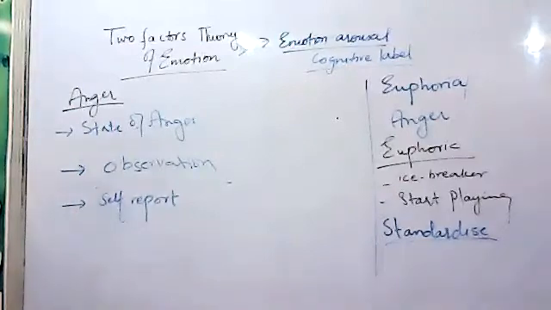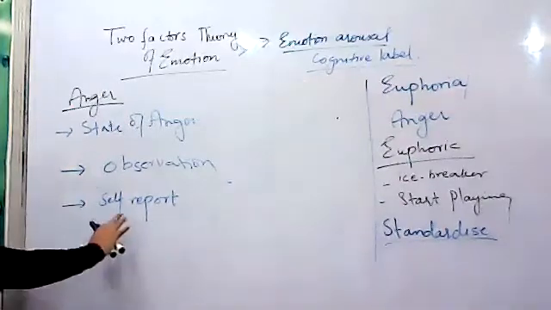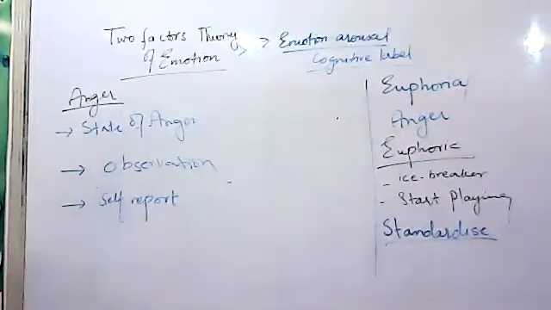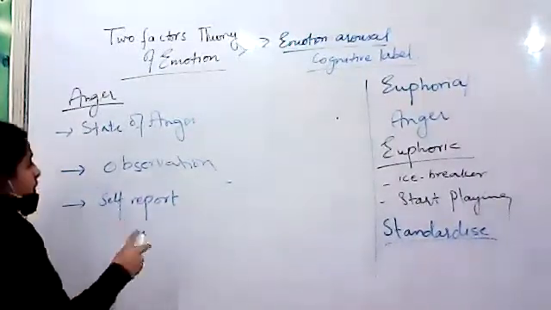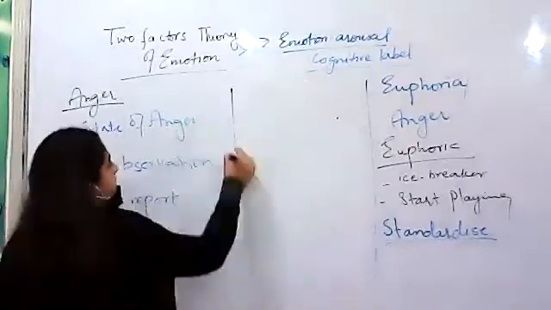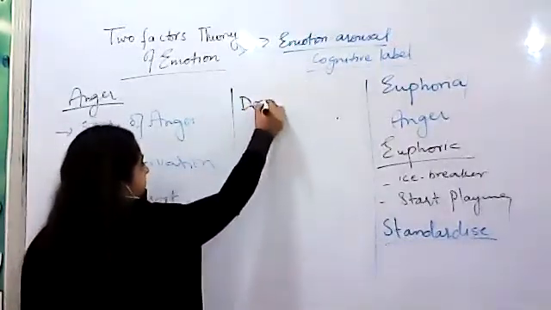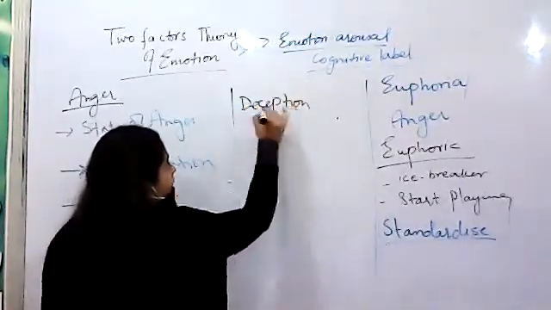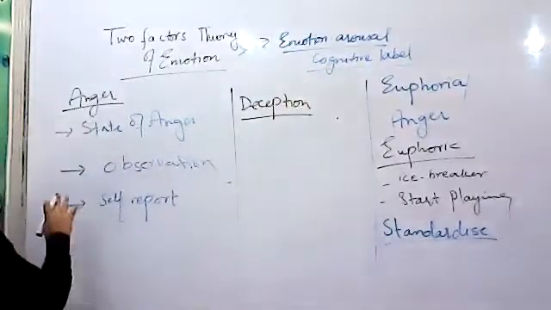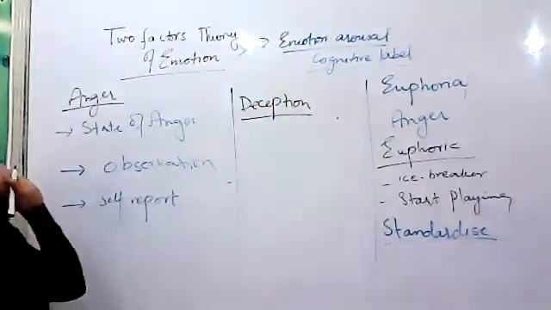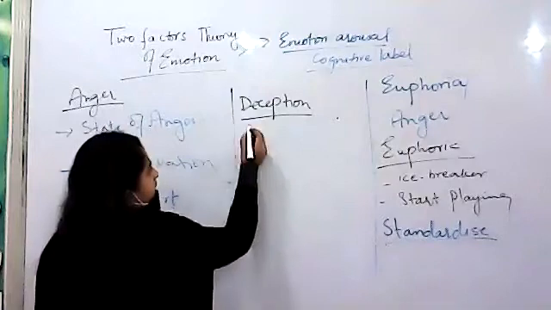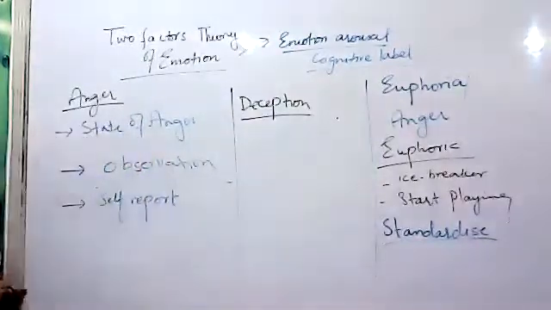Then at the end, when the observation and self-reporting were done, I think you all know that deception has been used in this study. So they were debriefed about the deception in the experiment.